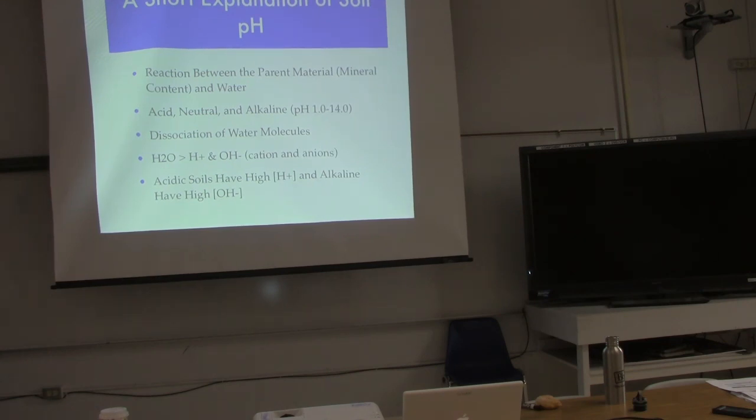This is going to be your acid. These are alkaline. And this is neutral. Neutral. I can't spell neutral. I'm forgetting a letter there. Neutral, right in the middle. So, most soils in Hawaii are going to be where?